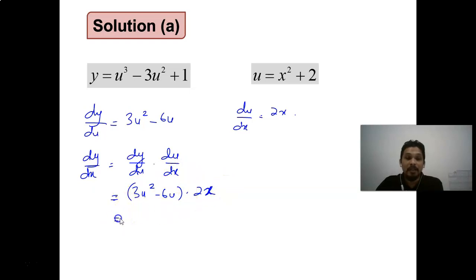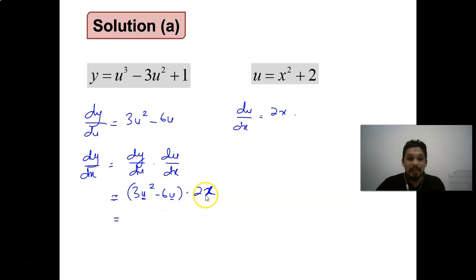If you realize, where the value of u here is 3u squared minus 6u, du/dx equals 2x, and what are we going to substitute with this u?